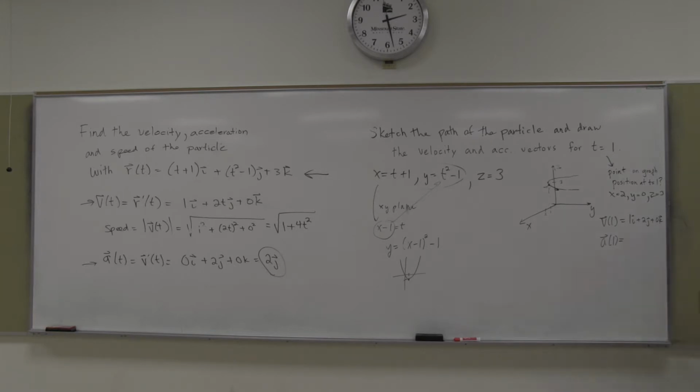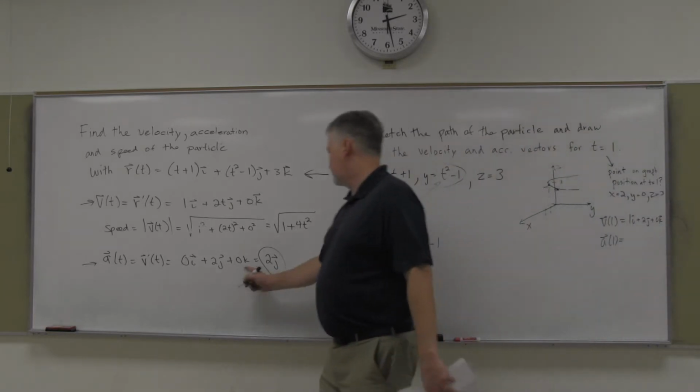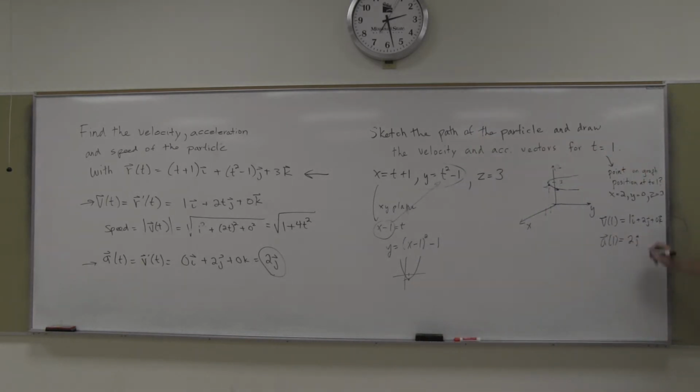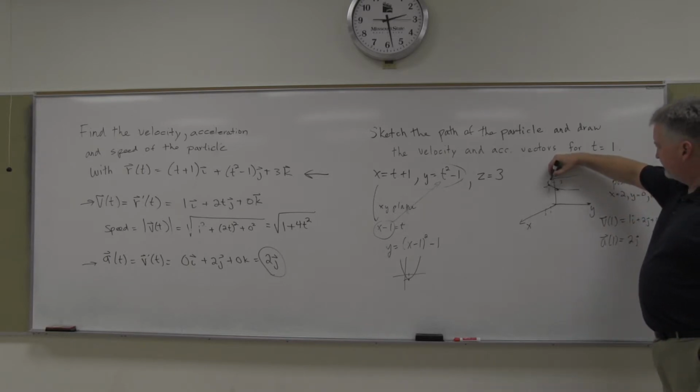So the acceleration then at t equals 1. Well, that's easy. It's just 2j. They're all the same. So the only direction you go in that one is 2 in the j direction, or the y direction. So that would be at this point, and then you just go 2 back.